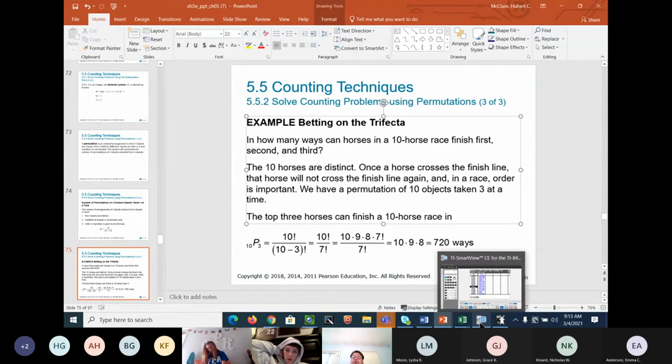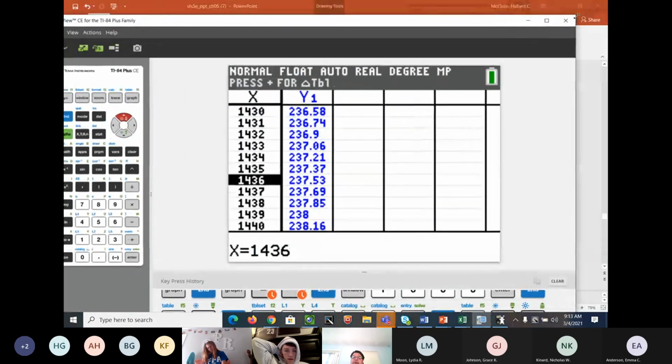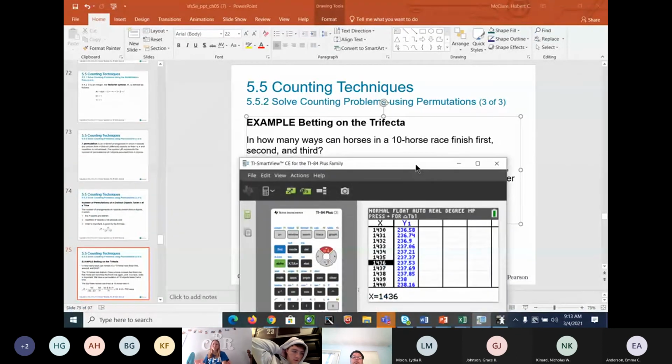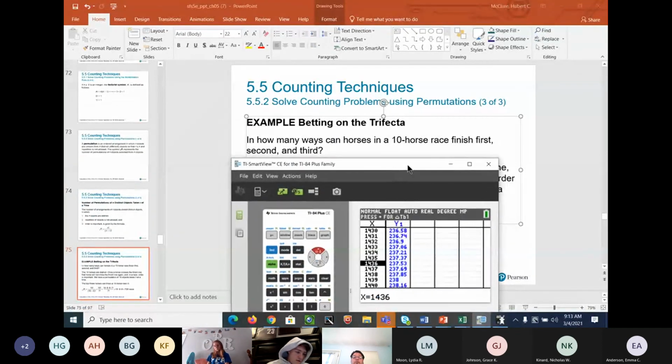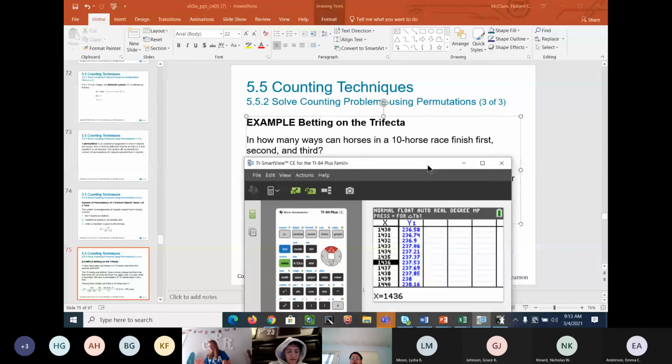Just write down the question. How many ways can horses in a 10-horse race finish first, second, and third? There's your order. First, second, and third, that's the order.